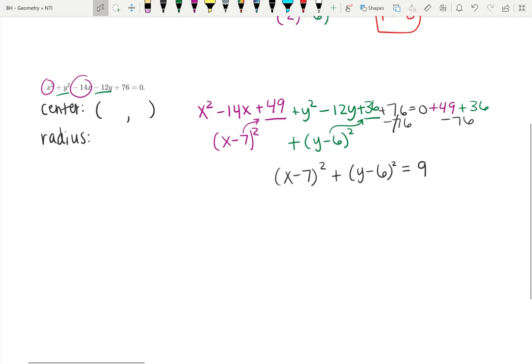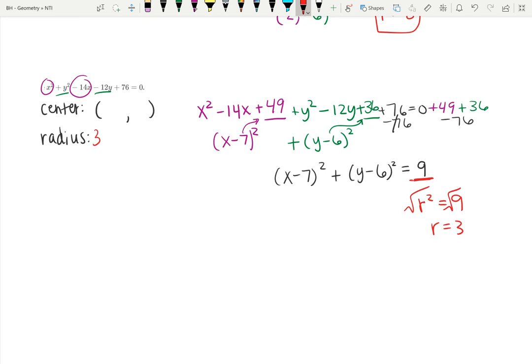Remember, the trickiest part here is that this 9 is r squared. So r squared is equal to 9, so r is 3. So your radius is 3 units.